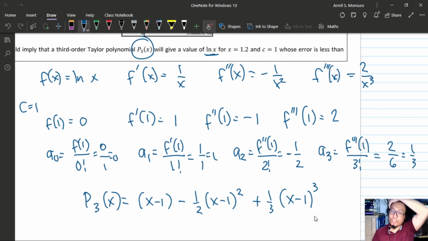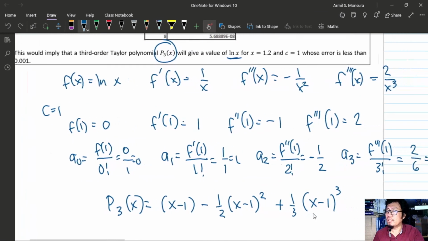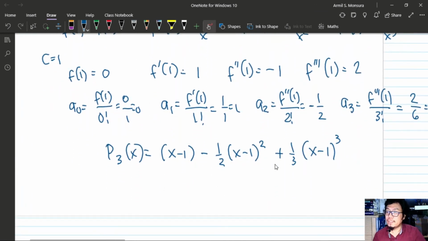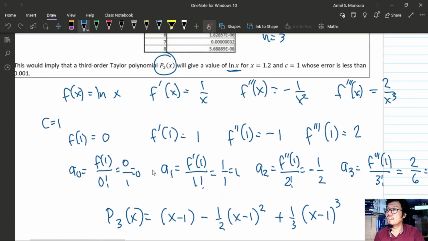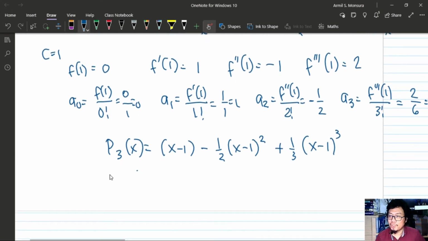Since our x here is 1.2, if you actually use this Taylor polynomial to evaluate ln of 1.2, in which case x equals 1.2.